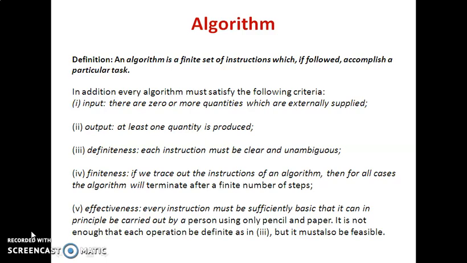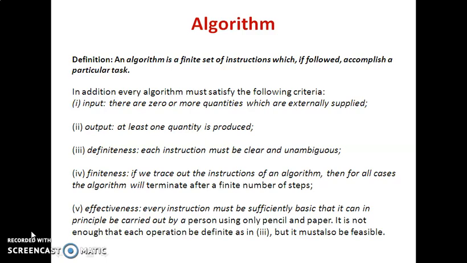So you must choose a finite number. Suppose 10 lines or 15 lines, you are just reducing the number of steps, and that produces an effective algorithm or an effective programmer. Okay, right. So finiteness. Next, effectiveness.